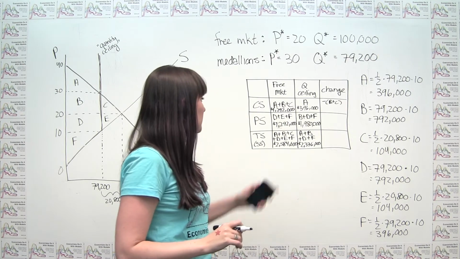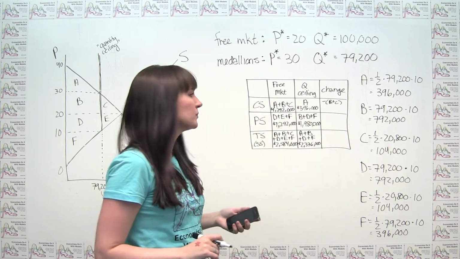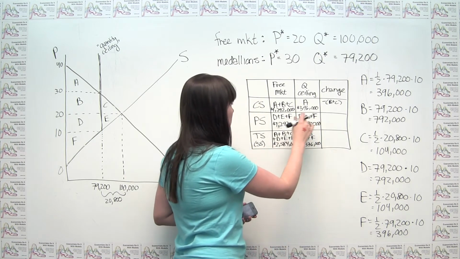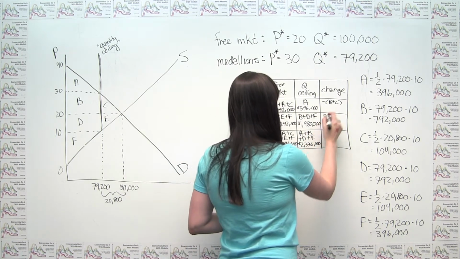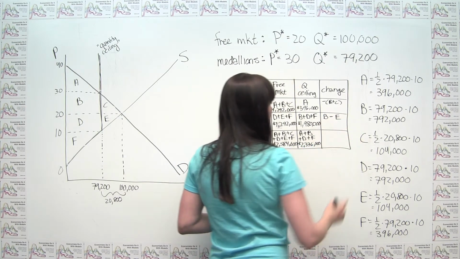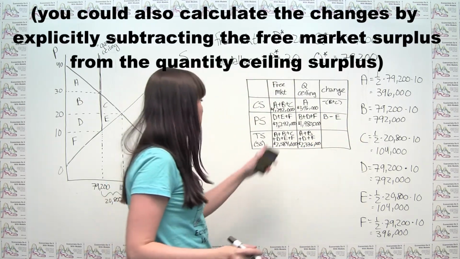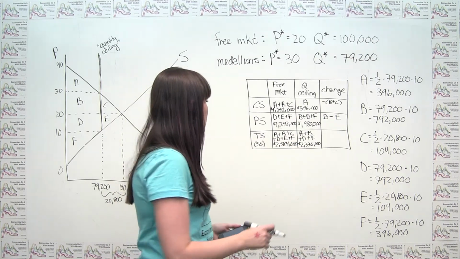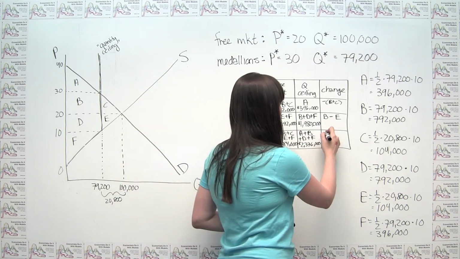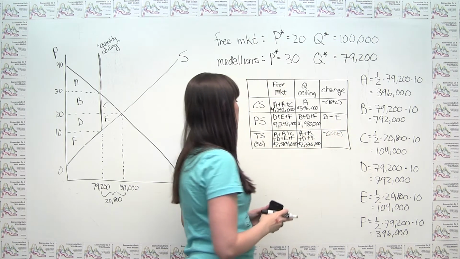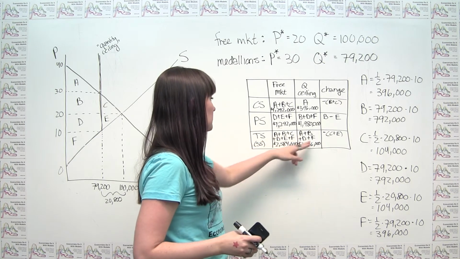So it's really this B and this E that we want to contend with. So what we see is under the quantity ceiling, producers are gaining B, but they're losing E. Okay, so make sure you do that the right way. And then total surplus here is going down by the amount C plus E, because we had C and E here, but we don't here.